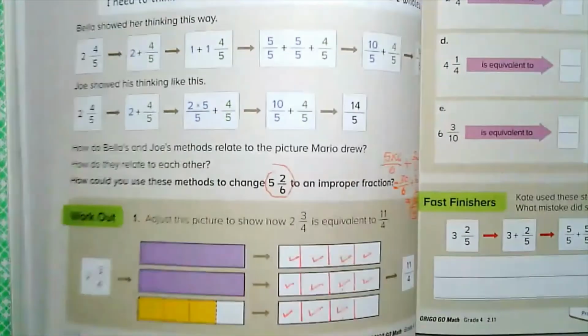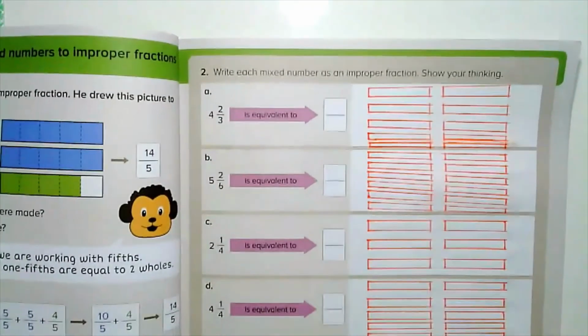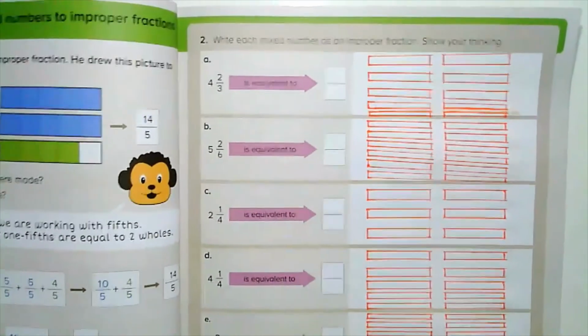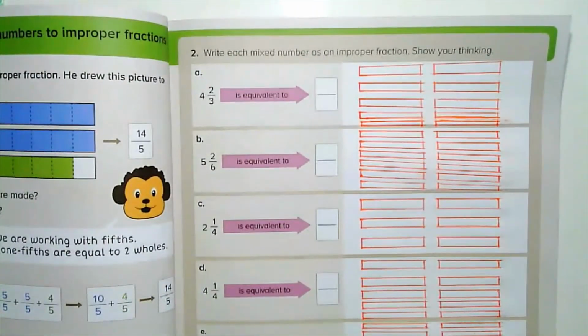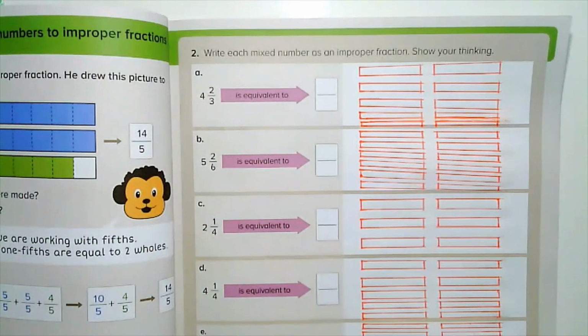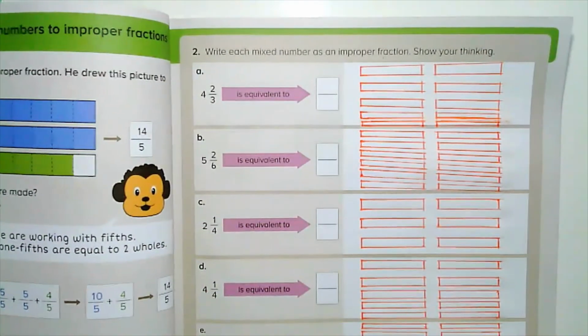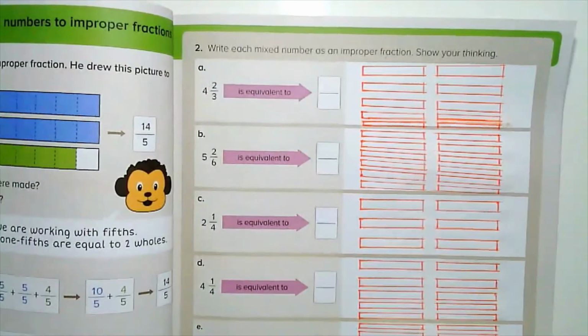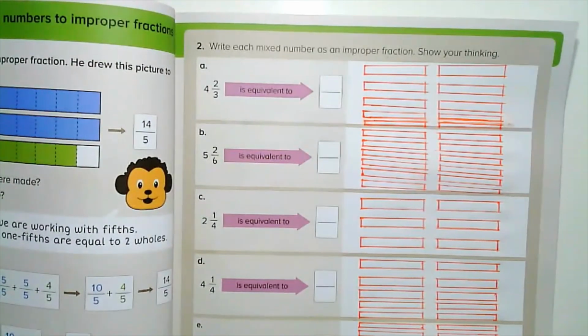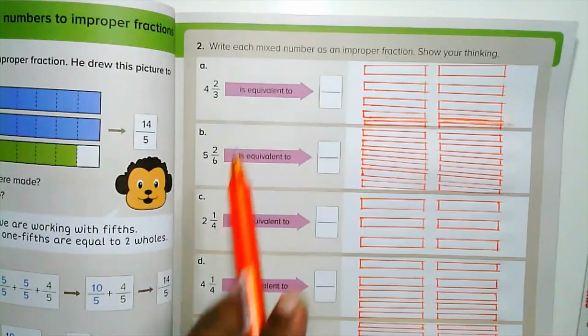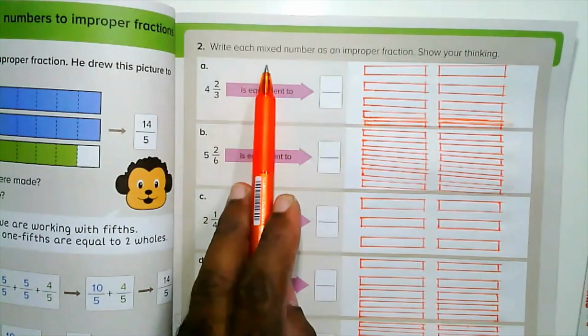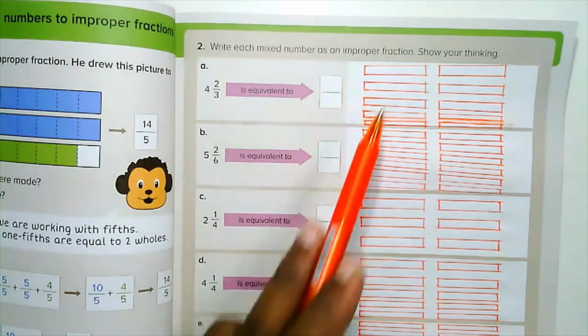Now let's go on to number 2. I tried to draw the shapes first so we can make the learning faster. Write each mixed number as an improper fraction.